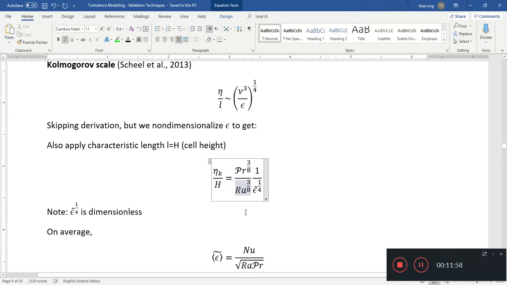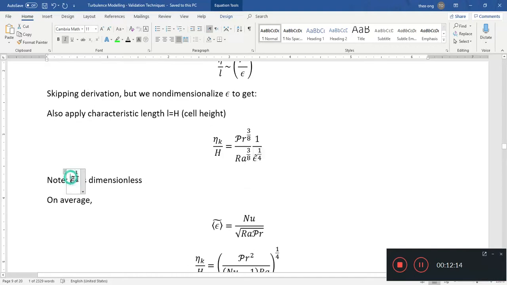So your Grashof number is packaged inside the Rayleigh number, and then you have this non-dimensionalized dissipation rate.